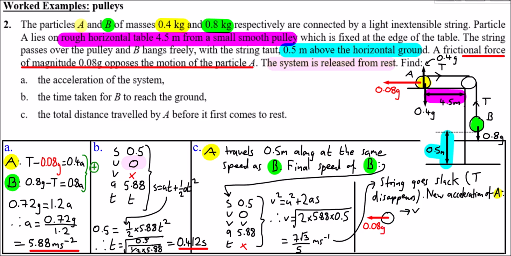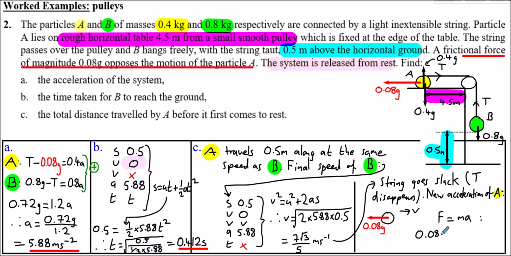So now, F equals ma. Oops, I'll do that in a black colour actually. So F equals ma going horizontally. The overall force is 0.08 g.